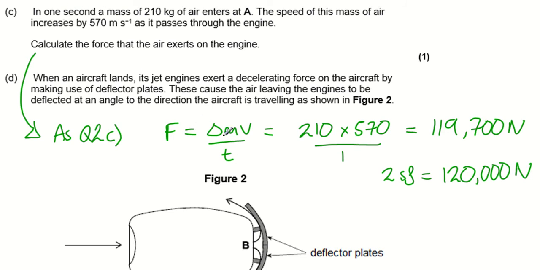So it's the same formula: change of momentum divided by time. It was that much mass of air that had its velocity increased by 570. Put the two together, you get 119,700. All of these numbers are 2 sig figs, so I've taken that down to 2 significant figures, and I've got 120,000 newtons. So again, I've used the same arguments as the previous question.